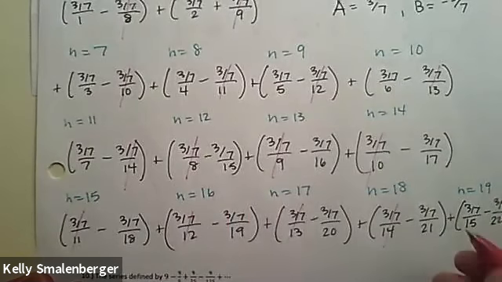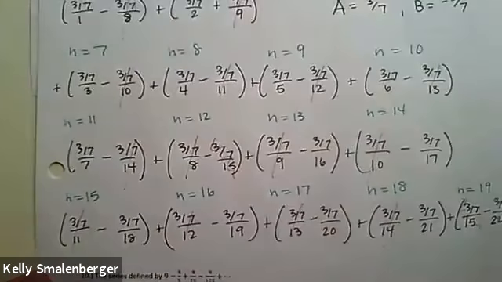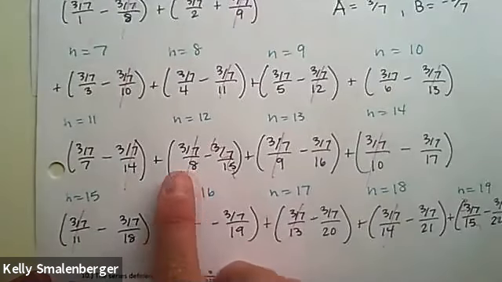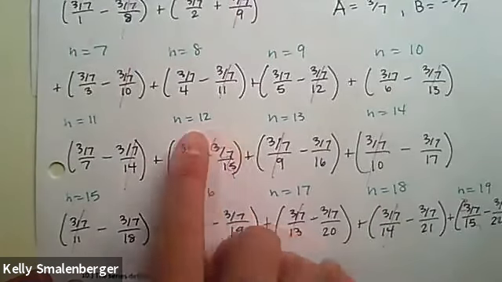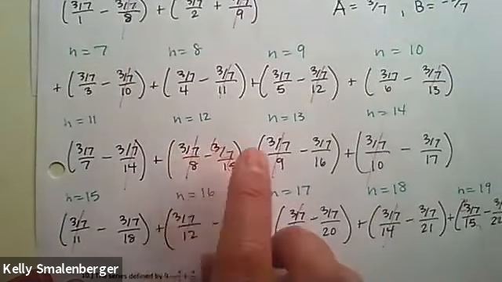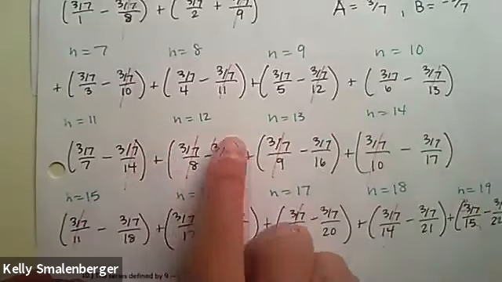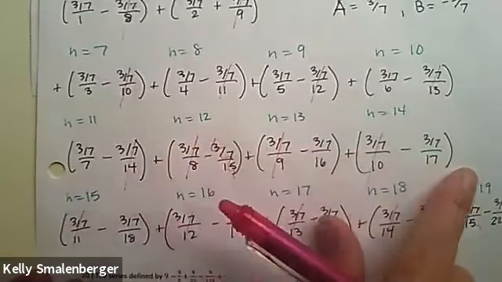And then you see 3 over 7 over 15, 3 over 7 over 15. Okay, so I finally got it to cancel. I finally got n equals 12. That whole term cancels, so all the subsequent terms will cancel, right?